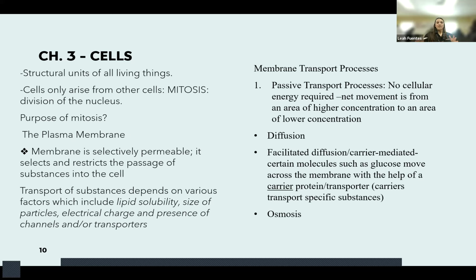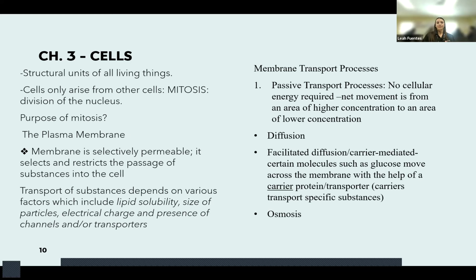The transport of substances, so whether that comes in or out, depends on various factors: lipid solubility, size of the particles, electrical charge, and the presence of channels and/or transporters. I can see this being a select all that apply question, or maybe finding the one that doesn't belong.